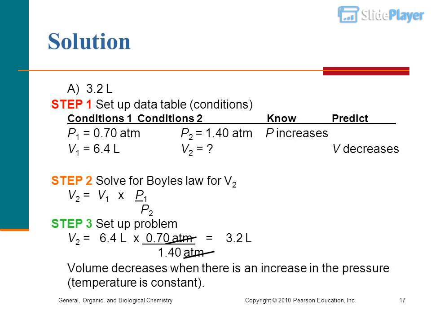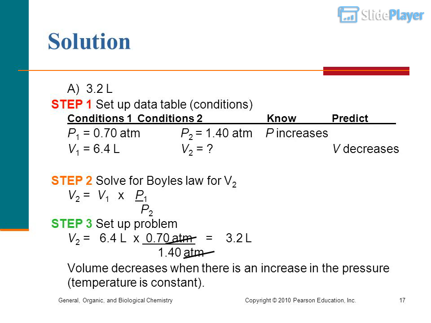Solution. A, 3.2 liters. Step 1. Set up a data table. Conditions 1, conditions 2, predict. P1 equals 0.70 atmospheres. P2 equals 1.40 atmospheres. P increases. V1 equals 6.4 liters. V2 equals?